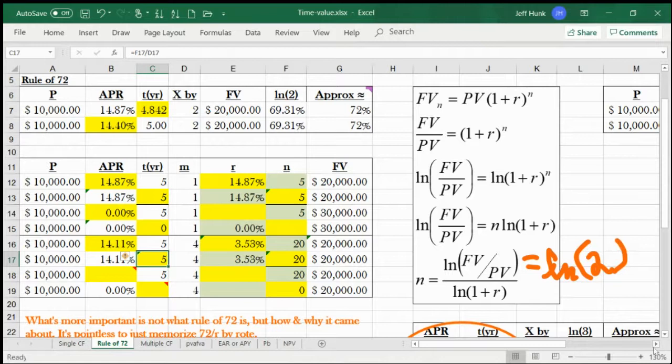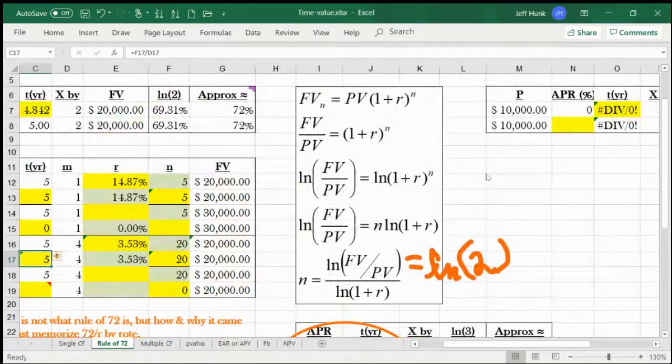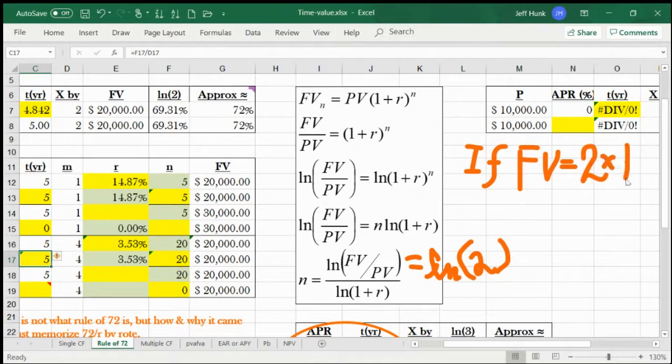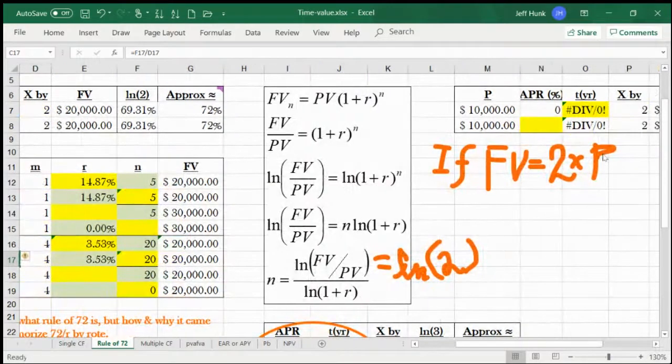Why? Because if FV equals 2 times the principal or present value, right?